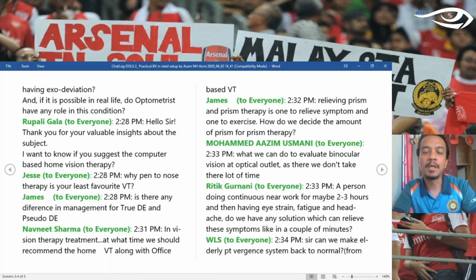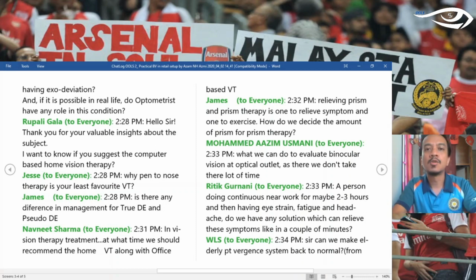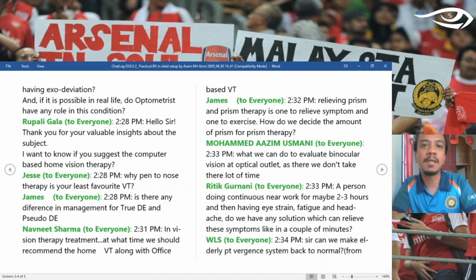Prism therapy is usually prescribed to force the eyes to do the versions that are opposite to the problems they have. For example, if they have exophoria, what we usually do to correct and treat the exotropia is use prism base in, to bring the image to the foveal position, right?